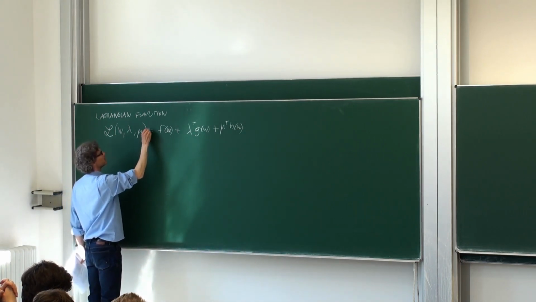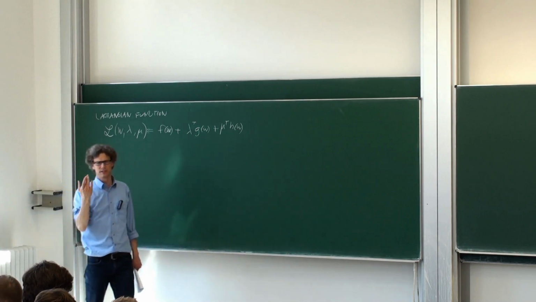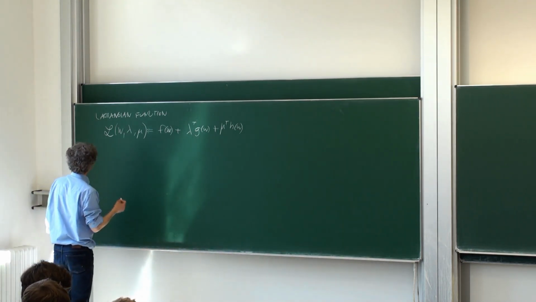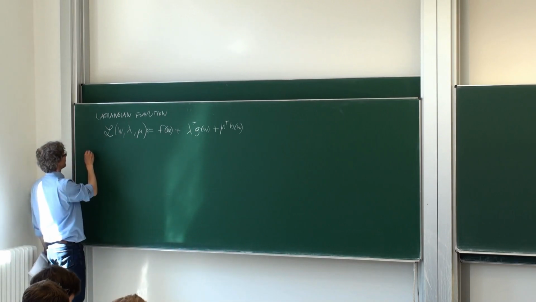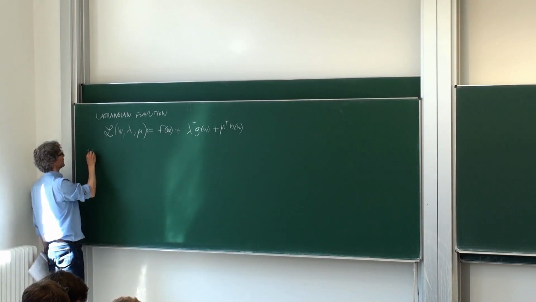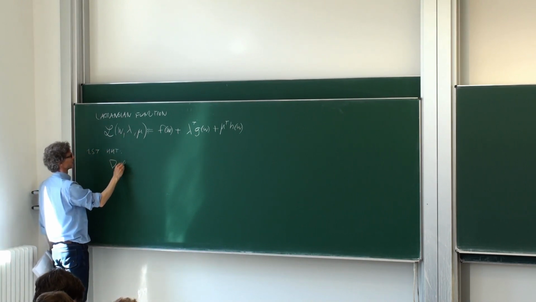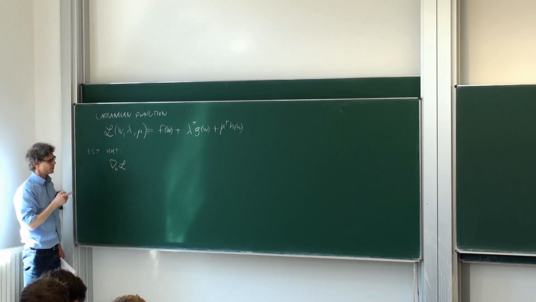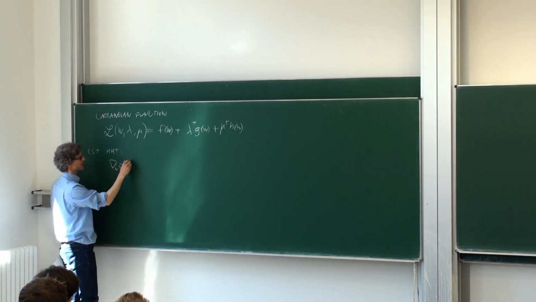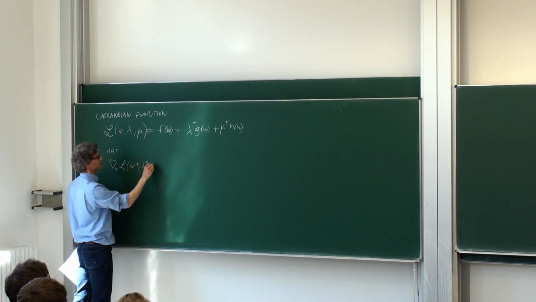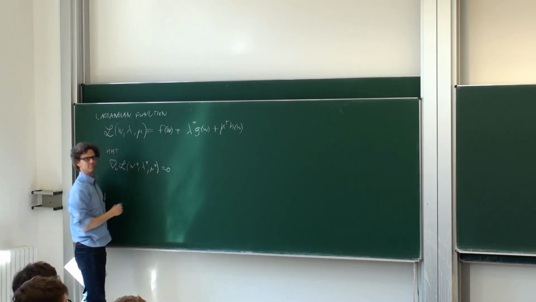And this definition, you could just say, is a shorthand for writing the KKT conditions faster. Namely, the first KKT condition now reads just: there exist multipliers such that the gradient of the Lagrangian function with respect to the primal variables at the point W star, lambda star, and mu star is 0.